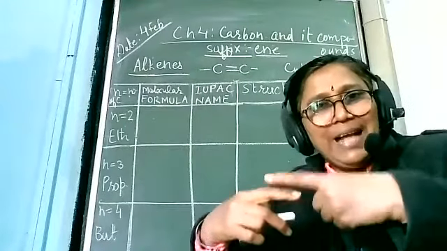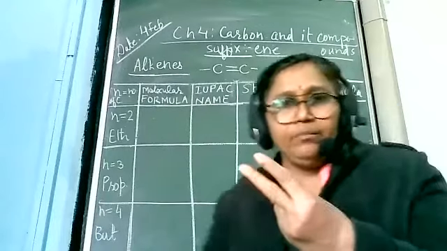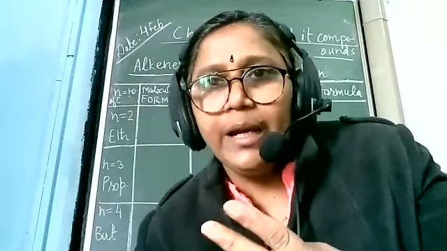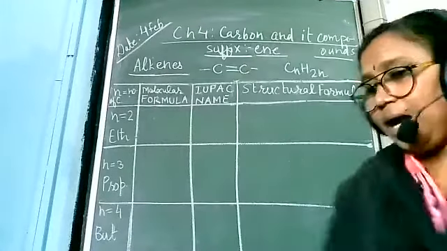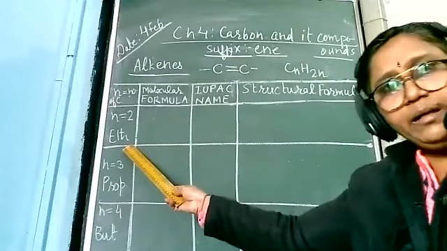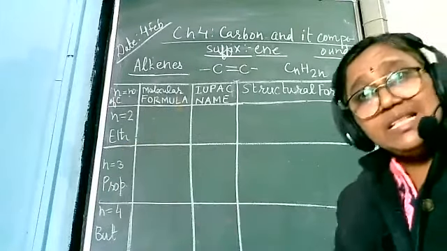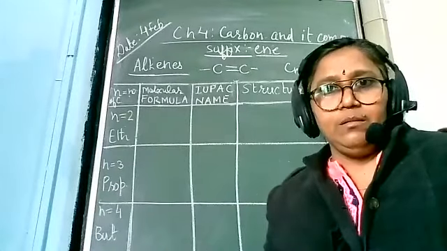So for making that carbon-carbon double bond, at least 2 carbon atoms are required. Agree? At least 2 carbon atoms are required. So that's why it starts from n is equal to 2 only. Am I clear? That means methene does not exist.